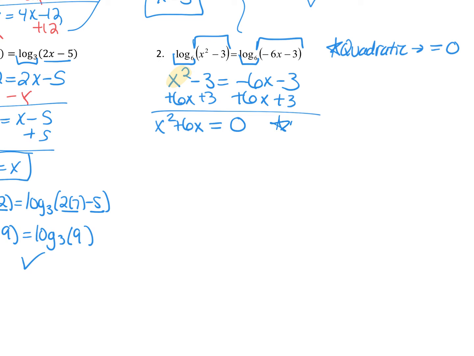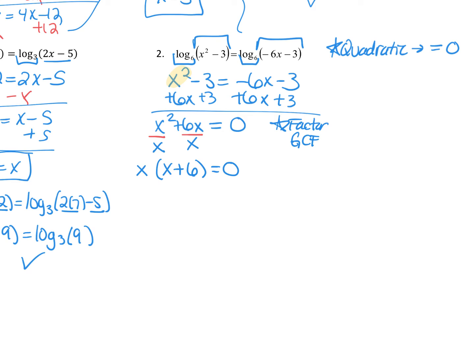Now I'm going to factor this by taking out the GCF. If I look at these terms, I have x squared and I have 6x. So the GCF between those two is going to be x. So I'm going to undistribute, or factor out, that x. And when I do, I'm going to have x plus 6 left in my parentheses, still equal to 0.